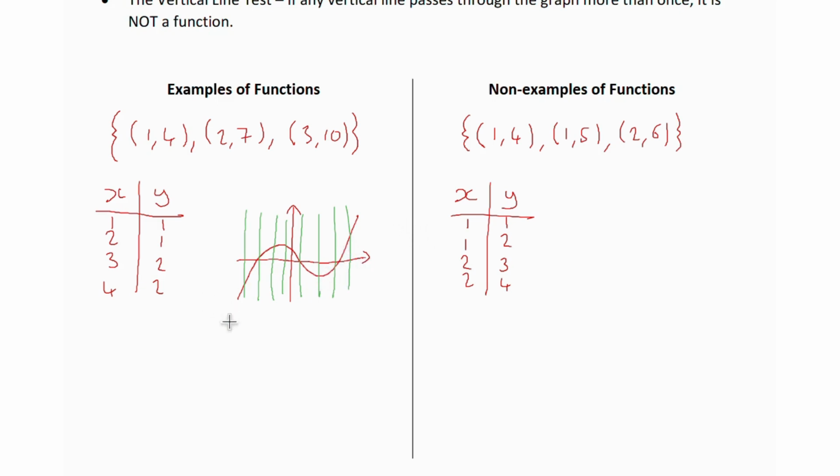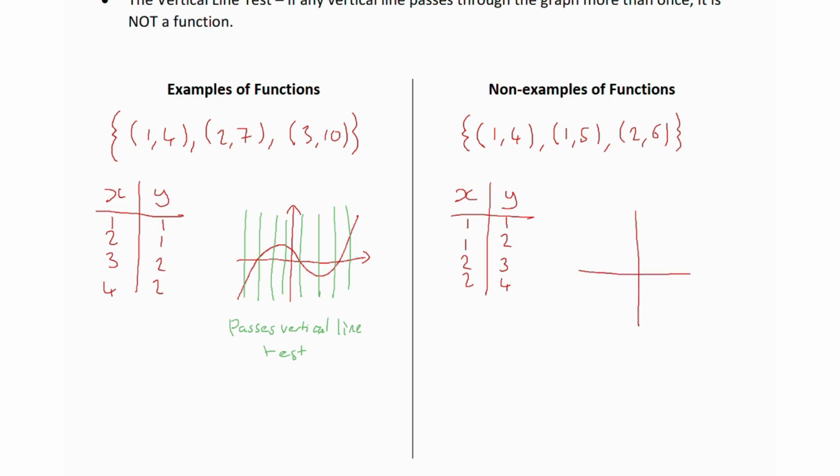That's the vertical line test. So this passes the vertical line test. That means it is a function. And the reason for that is if I choose an x value anywhere along here, I go up the vertical line till I hit the graph, and there's only one possible thing it can be.